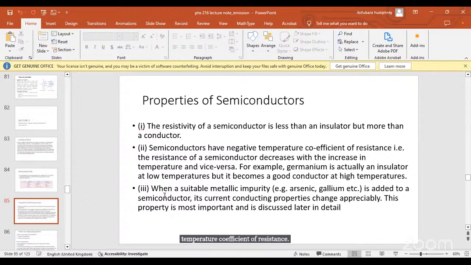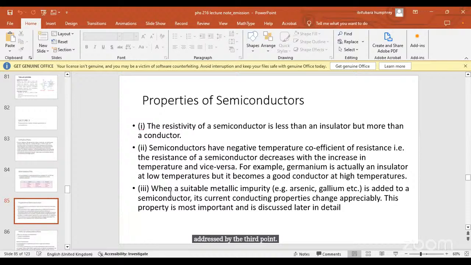The third point is when a suitable metallic impurity is added to the semiconductor, its current conducting properties change appreciably. So the problem with negative temperature coefficient of resistance is to an extent addressed by the third point.